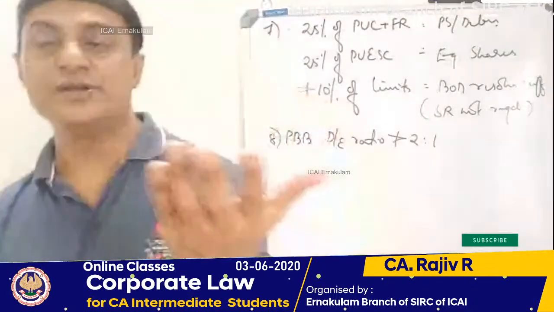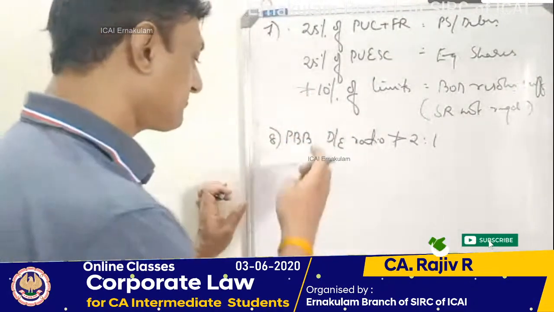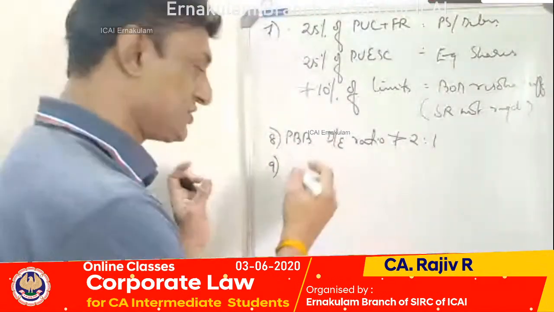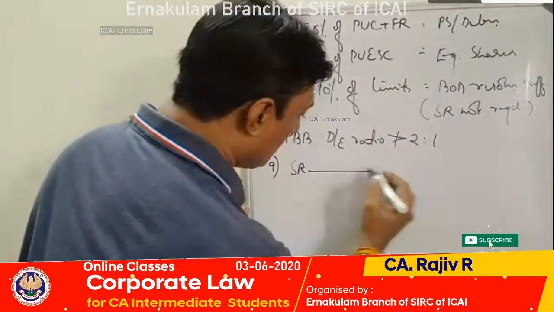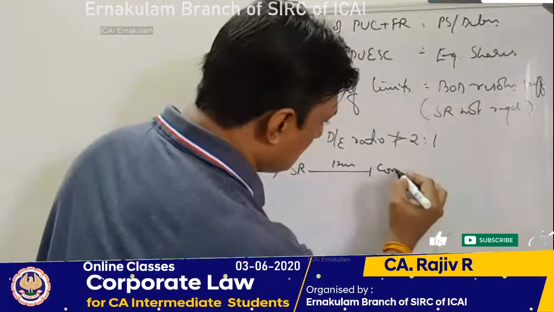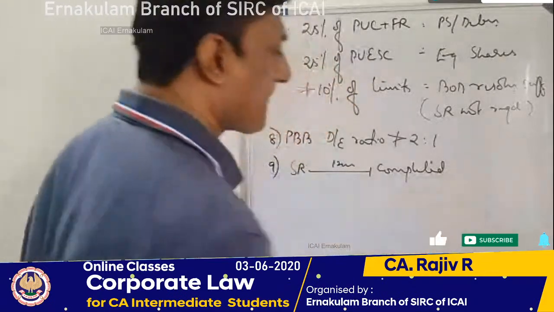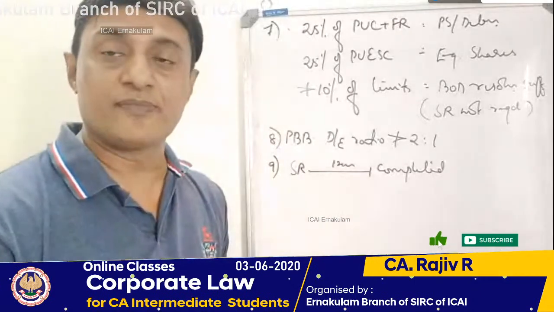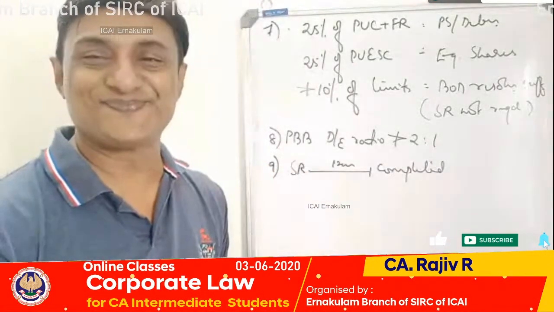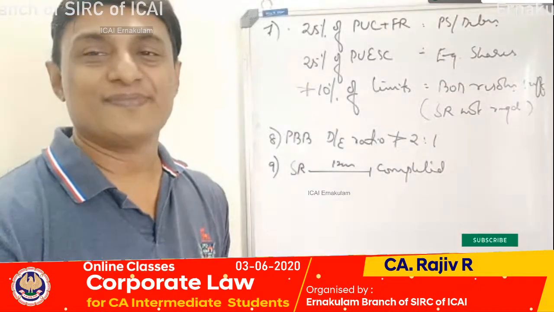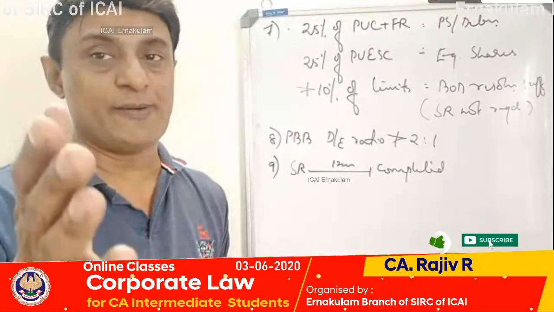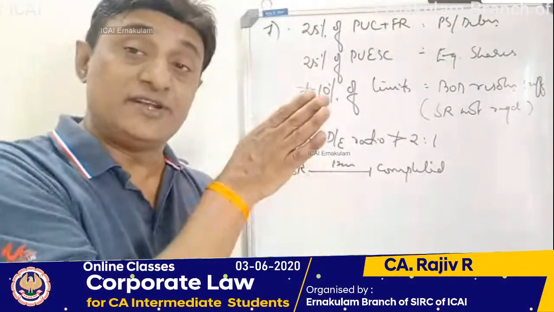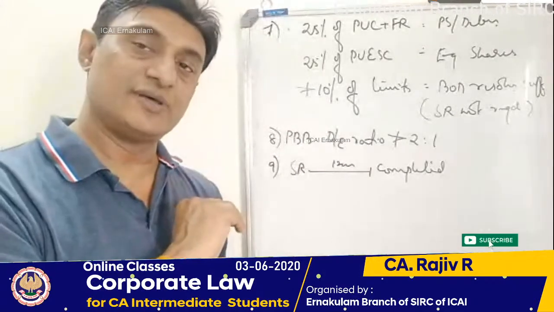Now, the 9th condition is self-explanatory. A buyback, once it is started, once you pass a special resolution, from the special resolution, within 12 months, it should be complete. The entire procedure must be completed within 12 months. Interesting. Even for issue of capital, it is 12 months. Once capital is issued by a company, you remember I told you this, within 12 months, the entire call must have come in.